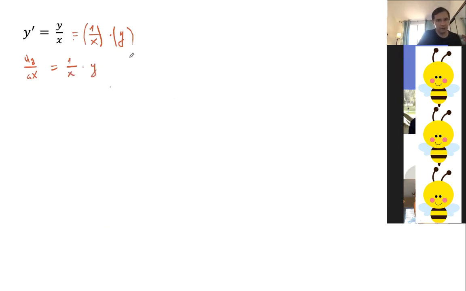So I'm going to multiply both sides of this equation by dx. I get that dy is equal to 1 over x times y dx. And now I want to divide both sides of this equation by y. So I get dy over y equals 1 over x dx.